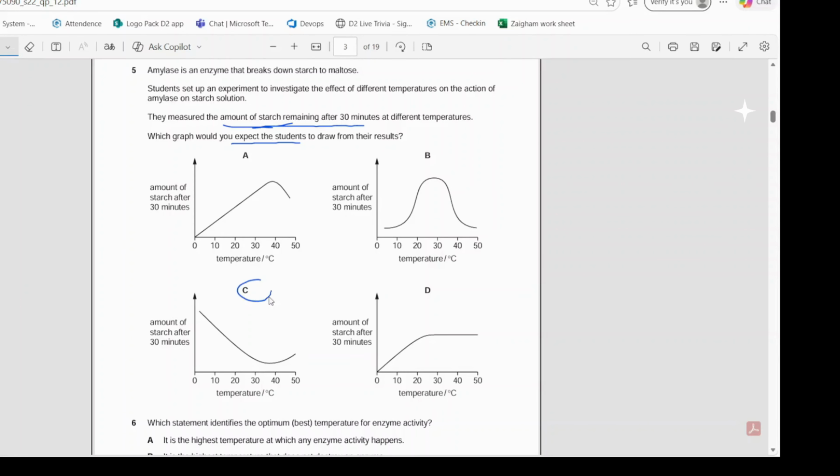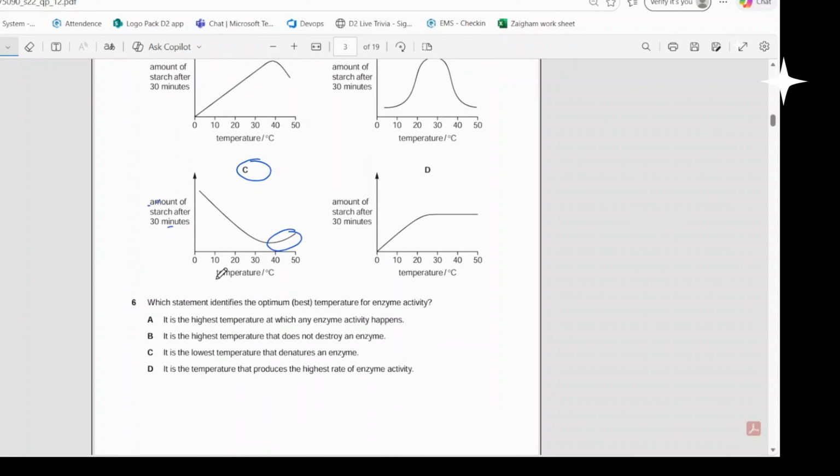It should be C. The amount of starch would decrease with time. If they've given enzyme activity over here, then you would use graph A. And this point after 40 where it's increasing, it means it's showing the denaturation of the enzyme.